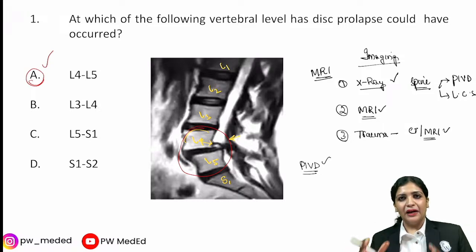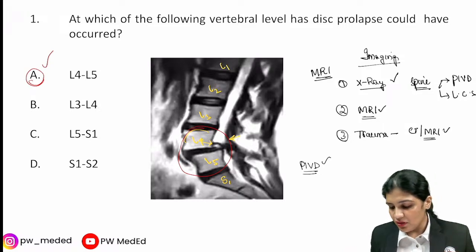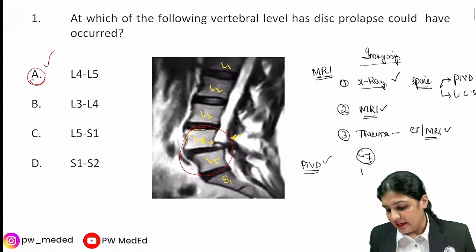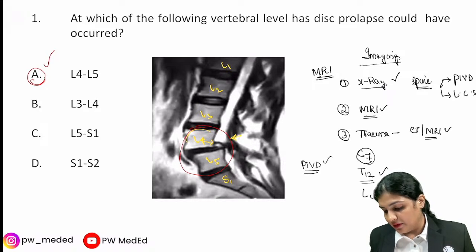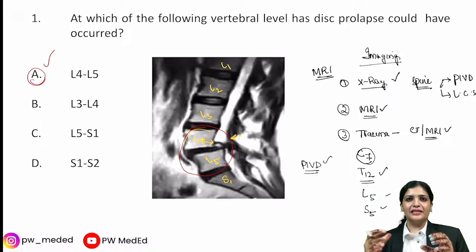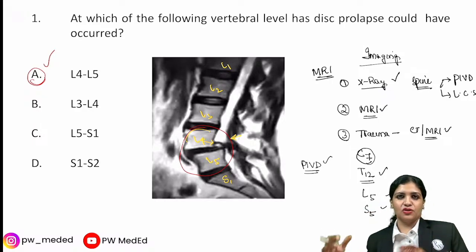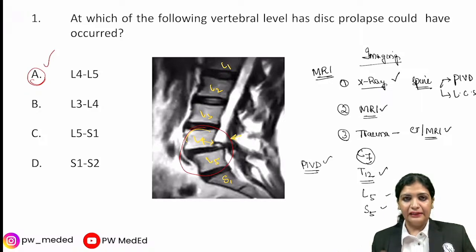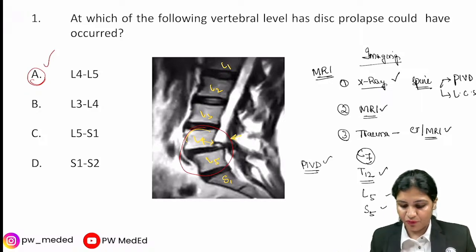If you remember the spine, it has C7, right? And then there are 12 thoracic, and then there are lumbar 5 and sacrum 5. Right, so it is made up of cervical, thoracic, lumbar, sacrum, and coccyx. Coccyx is 4. Right, so this is about the spine, and here the level which they have asked is L4 and L5.